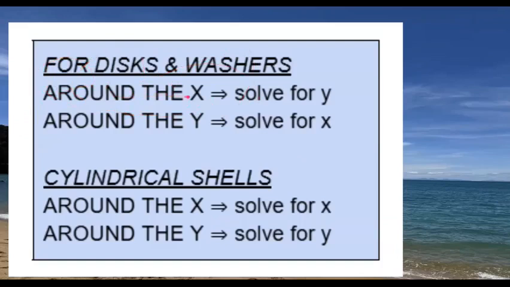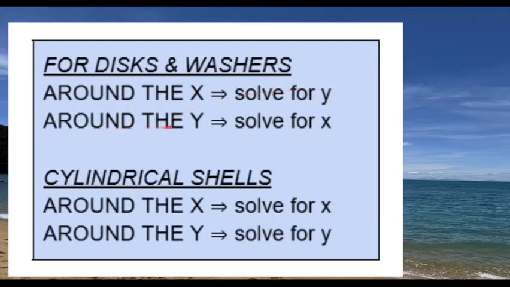If we're going around the x-axis or around anything that's horizontal, solve for y. So solve for y is going to mean it's in terms of x. I know that's very annoying, but you have to get used to that. If we're solving for y, it's in terms of x because all the terms have x in them, so it's going to be y equals something.